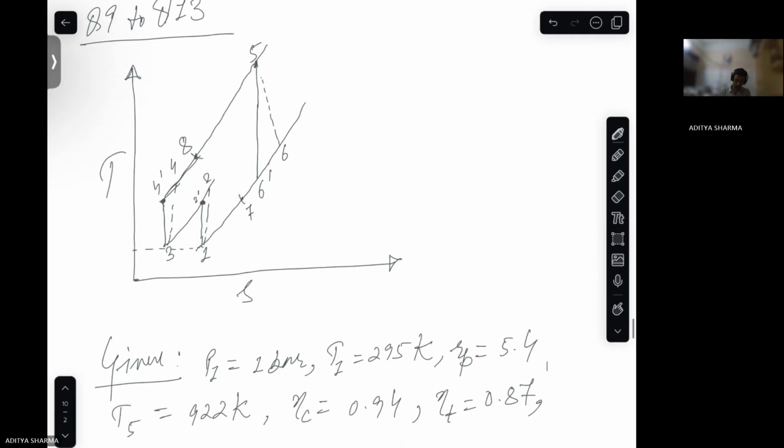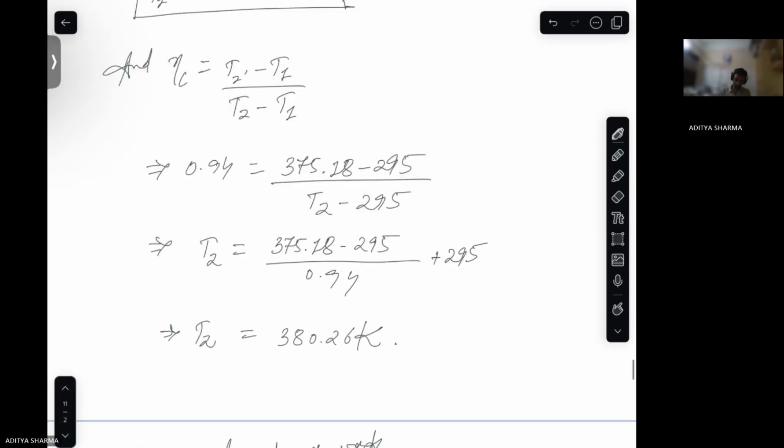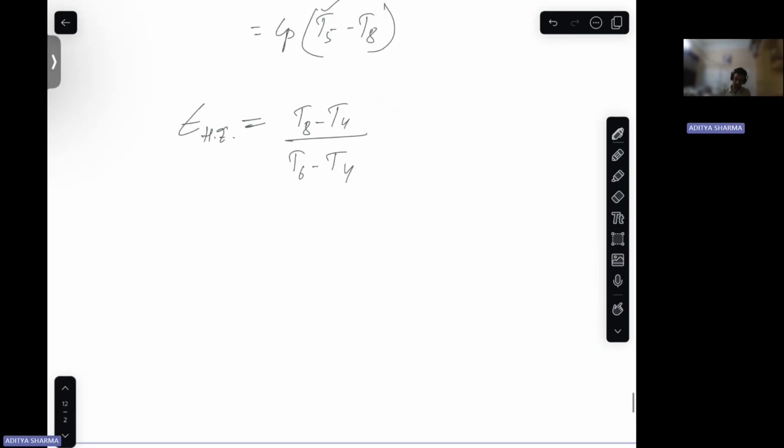Maximum heat transfer is in the denominator, and the actual heat transfer is in the numerator.